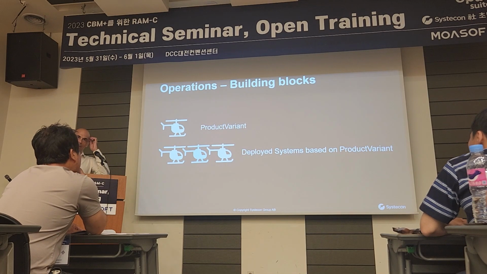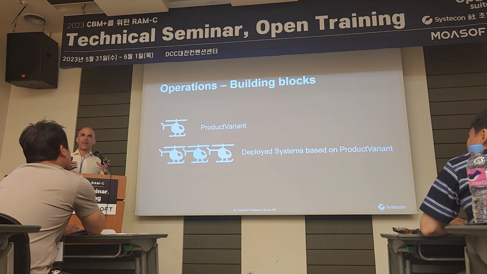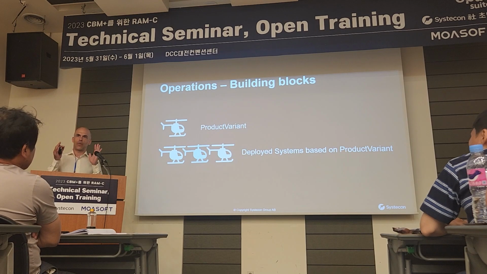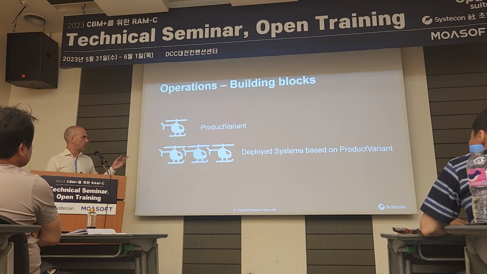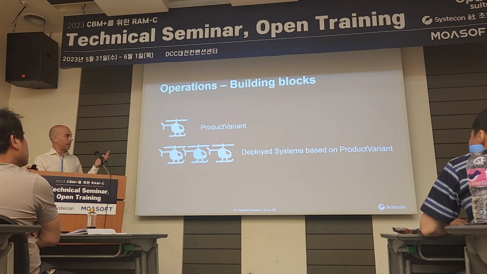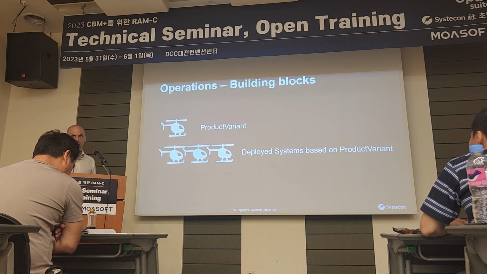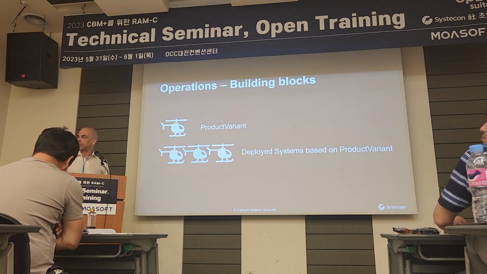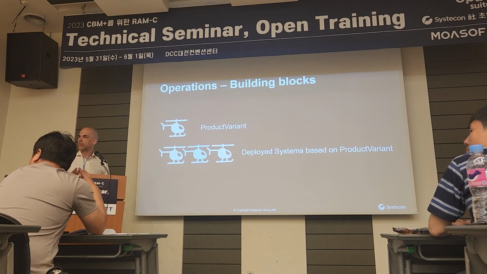So instead of having to configure 3 almost similar products in your model, it's enough with 1 product variant that gives you the possibility to choose between 3 engines, and then you have to tell the system when you are actually putting systems in operation, we need to specify what engine it is that you mean in this system. So this is the difference between product variant and system in OPUS Suite. And it follows the ASD standard constantly, so that's kind of how it works in the new S series.